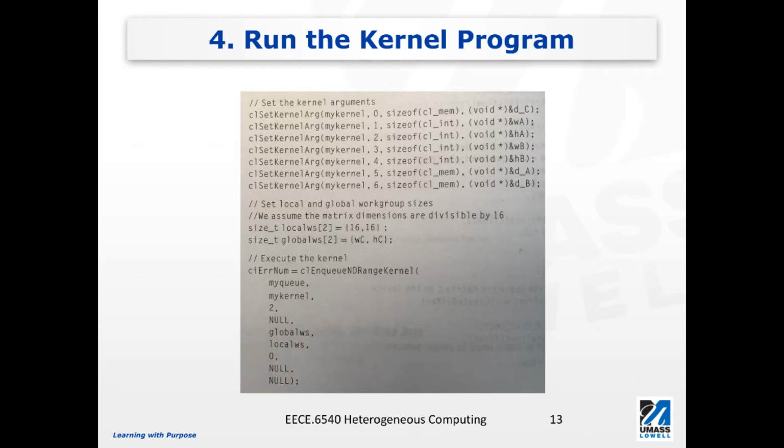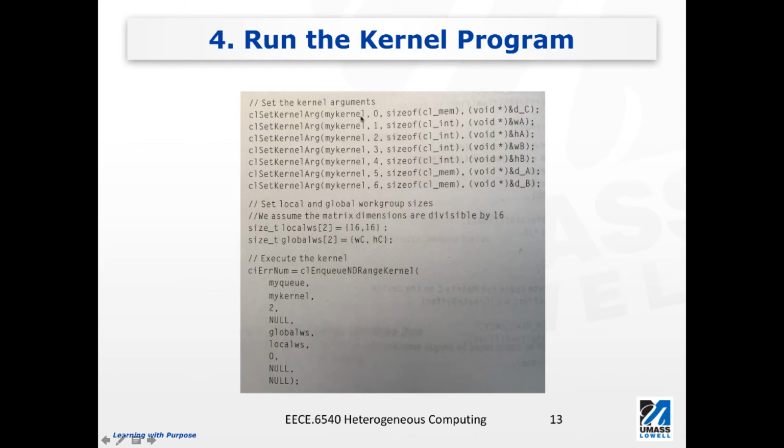The fourth major step is to run the kernel program. Now, before we run the kernel program, we have to initialize the kernel arguments properly. When we design any kernel function, we will typically have some number of kernel arguments. And we will do this kernel argument initialization in this way on the host side. On the host program, which we're seeing here, we use clSetKernelArg. This is an OpenCL API.